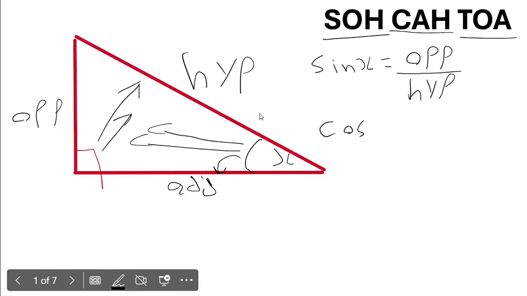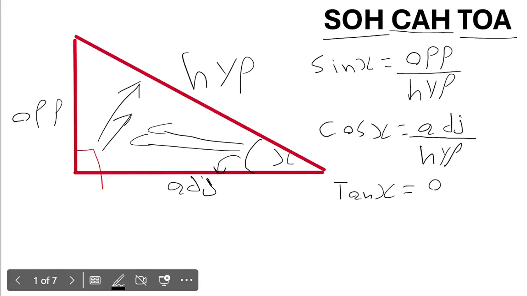Cosine x equals adjacent over hypotenuse. Tan x equals opposite over adjacent.